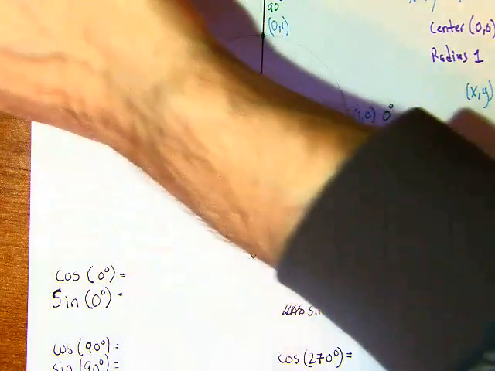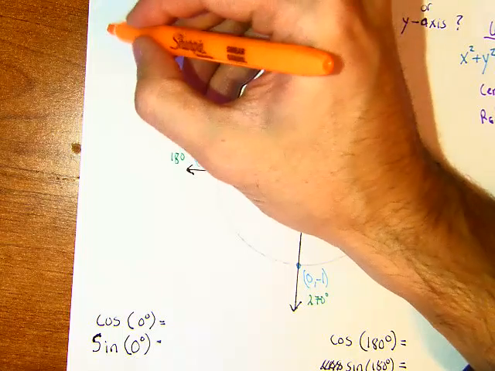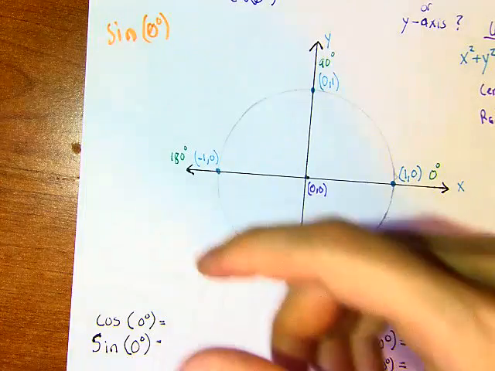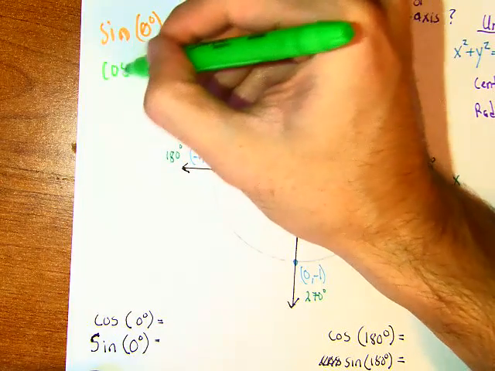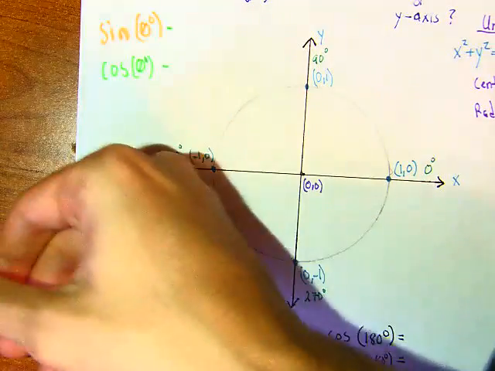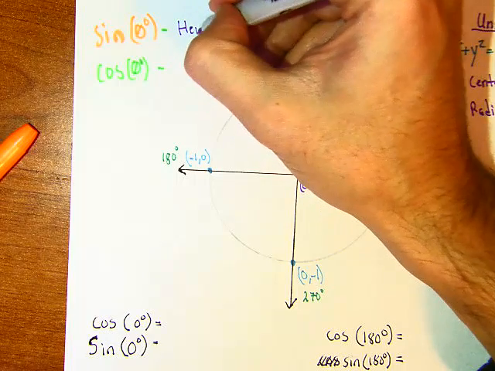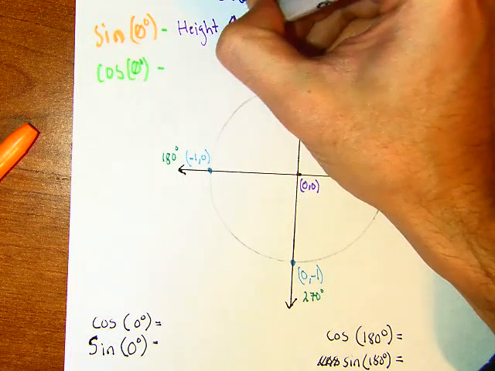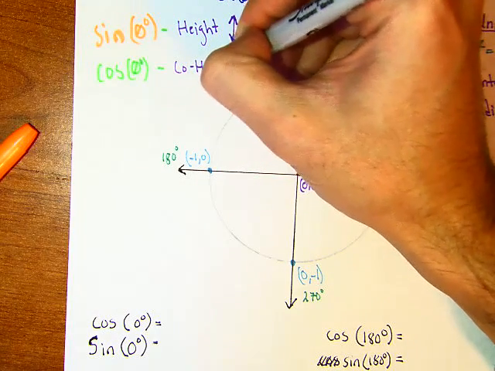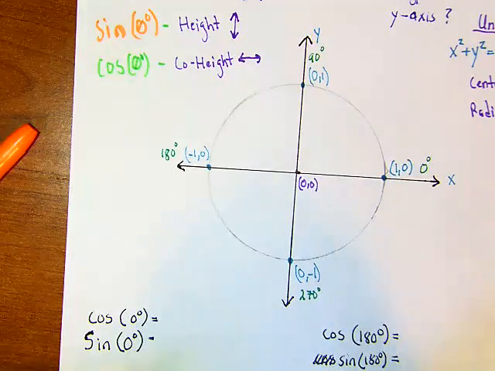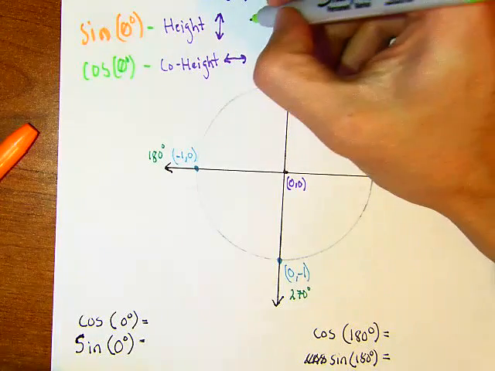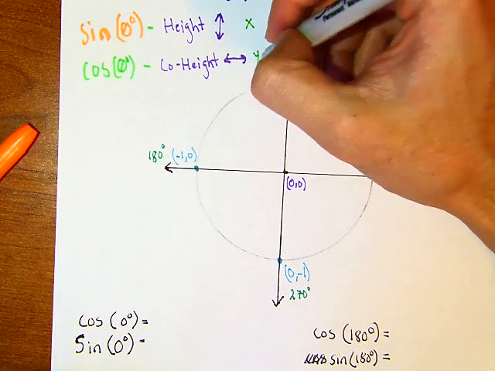So here, what we need to think about is sine of theta and cosine of theta, right? Sine is the height function, which is up and down, and cosine is coheight, which is left and right. But remember when we did the paper plate, the height was with respect to the x-axis, and this was with respect to the y-axis.